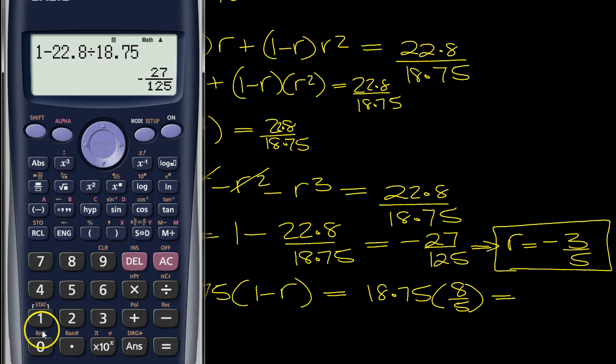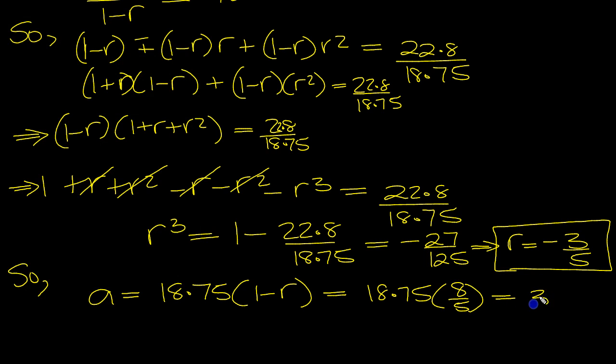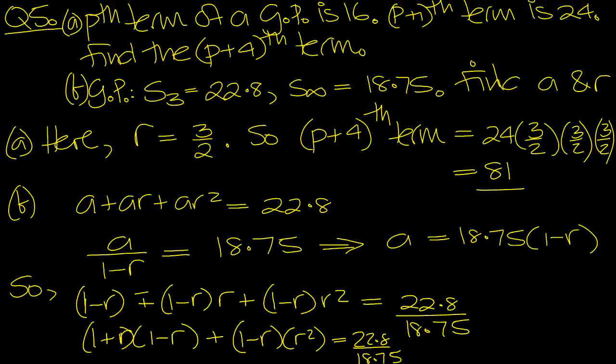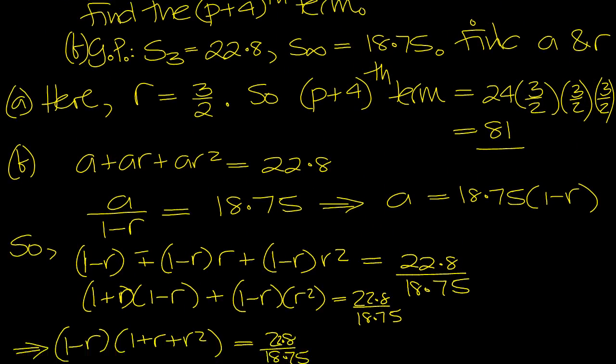So let's just tap that in then. 18.75 times the 1.6 here, 30. So a is 30 and r is minus 3/5. And that's what we needed to find.